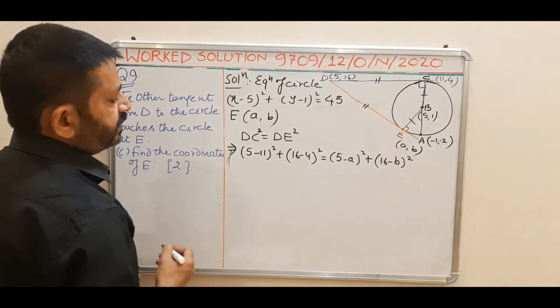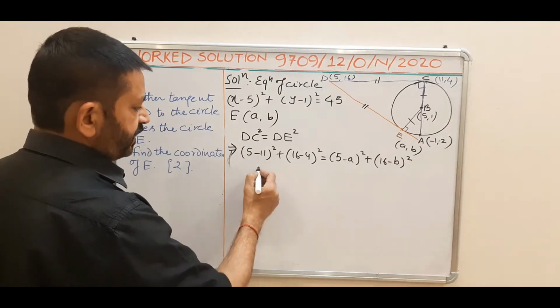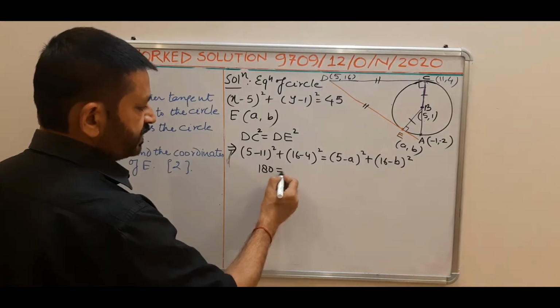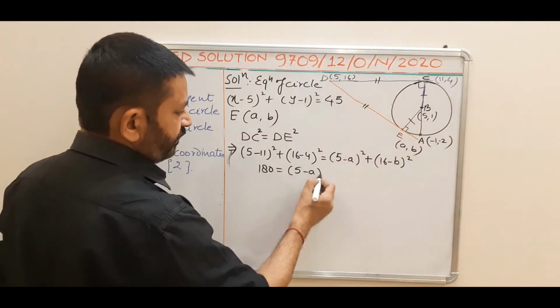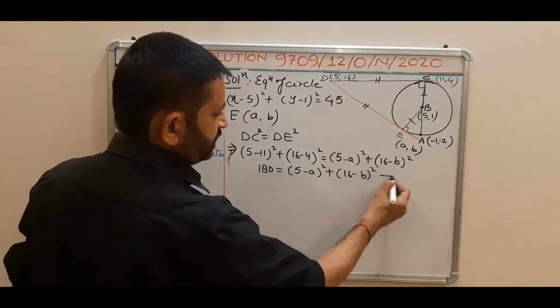This is 36 plus 144, that is 180. So the first equation is 180 is equal to 5 minus A square plus 16 minus B square.